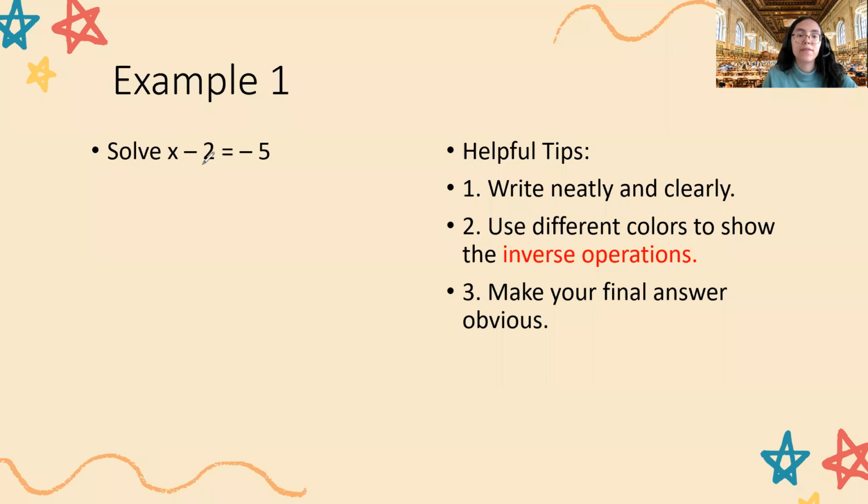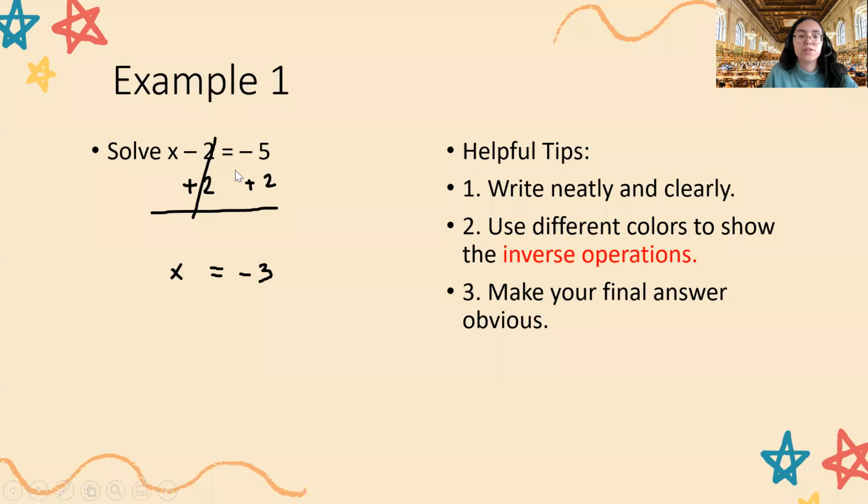So here we have minus 2, or subtraction. So what we're going to do is add 2 to this side and add 2 to the other side, because remember, we're trying to balance this. Then this and this will cancel, and we can bring down our x, bring down our equal sign, and we can perform this operation. -5 plus 2 will give us -3. Okay, and this is our final answer.